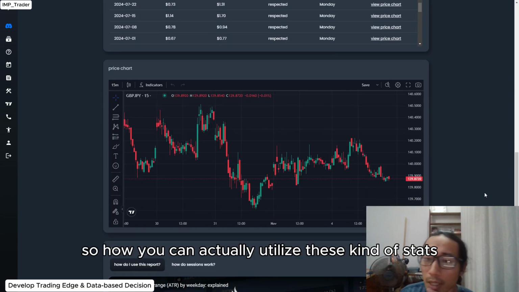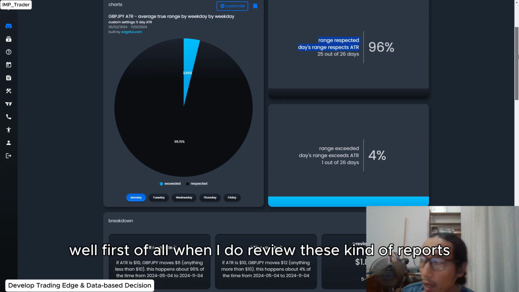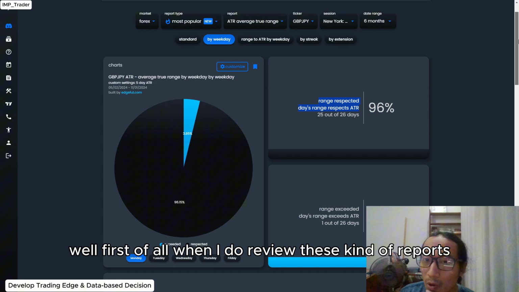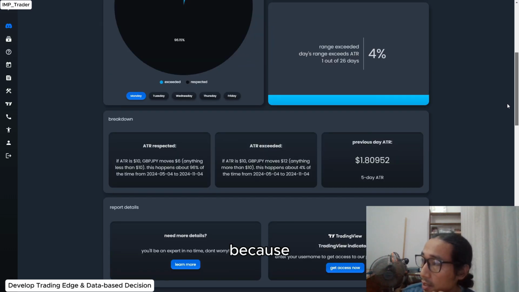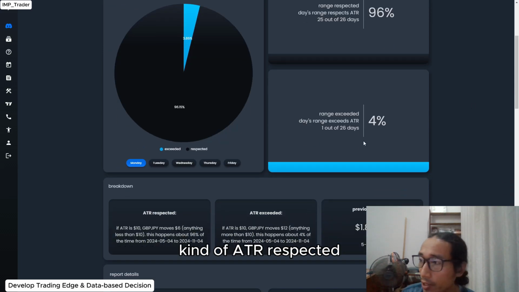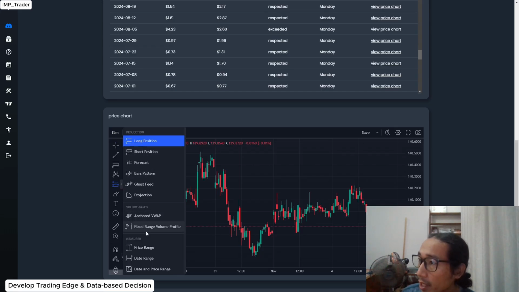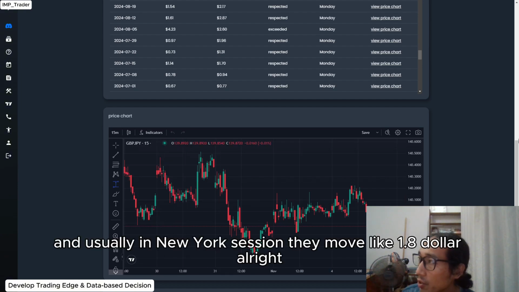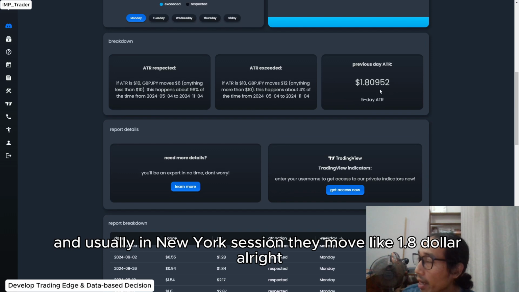So how can you actually utilize this kind of stat? Well, first of all, when I review this kind of report, I think I need to validate it myself first. But I will tell you how you can utilize this kind of ATR respected. Let's say you're trading GBP/JPY, and usually in the New York session, they move like $1.8.